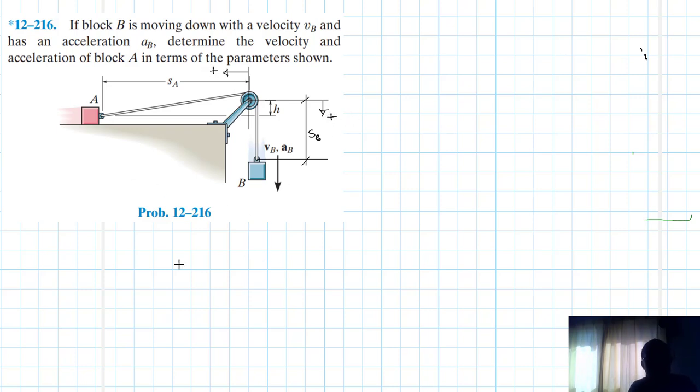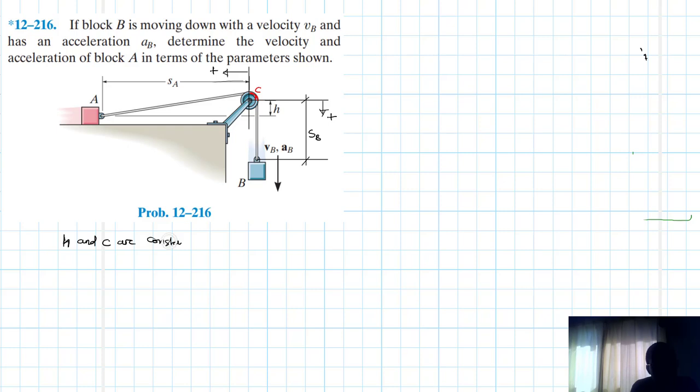So now let's relate the length of the rope AB that goes over the pulley, and we have this constant here, which you can call C. The other thing is H. H and C are constants.